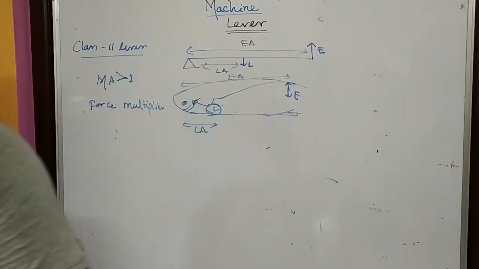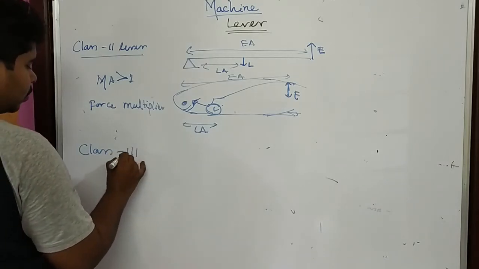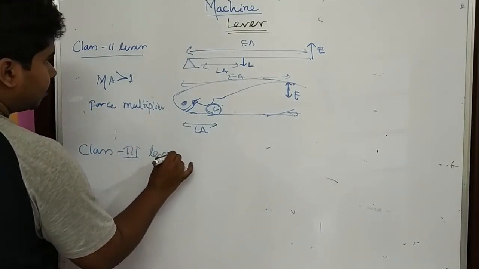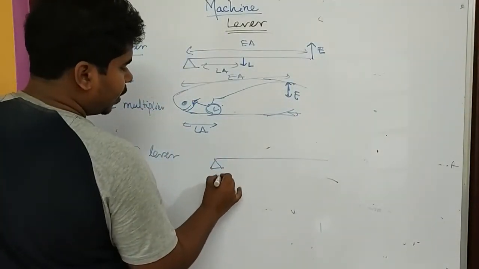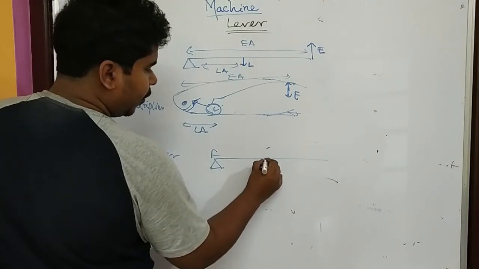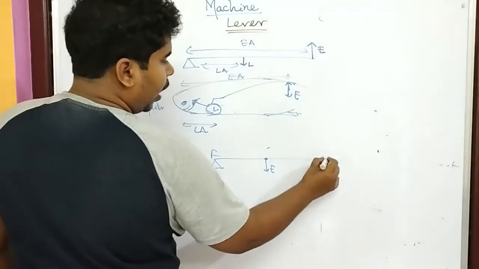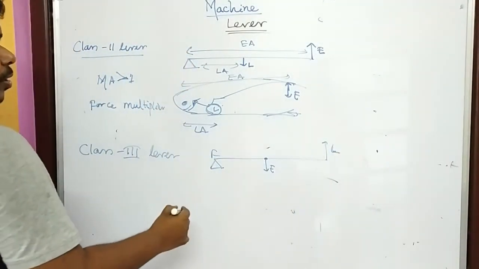Coming to class 3 lever. At one point the fulcrum is there. Here there is effort and here there is load. So here the opposite thing occurs.